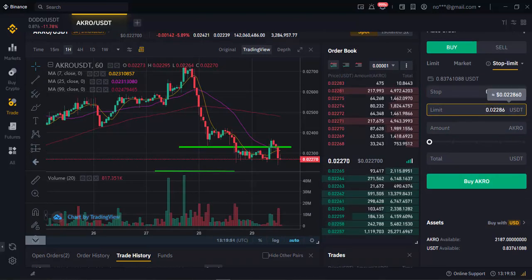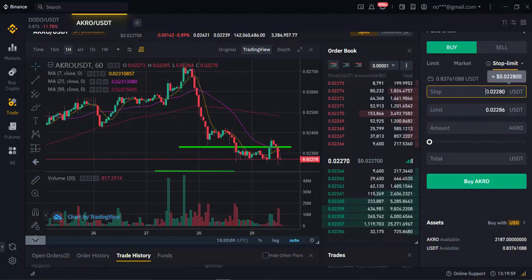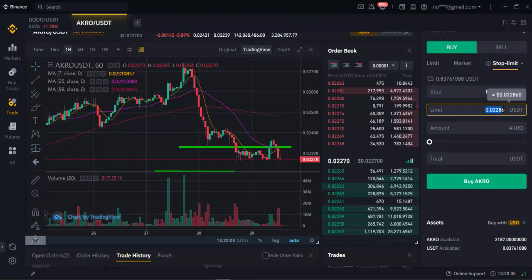Why did it execute in between these? Because the market, immediately it reaches this, it places this on the order book. Therefore, it's going to buy in between this and this, but not actually this.